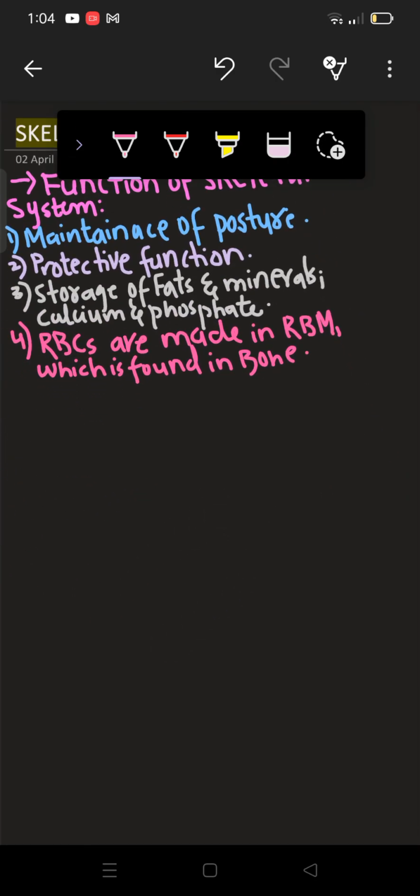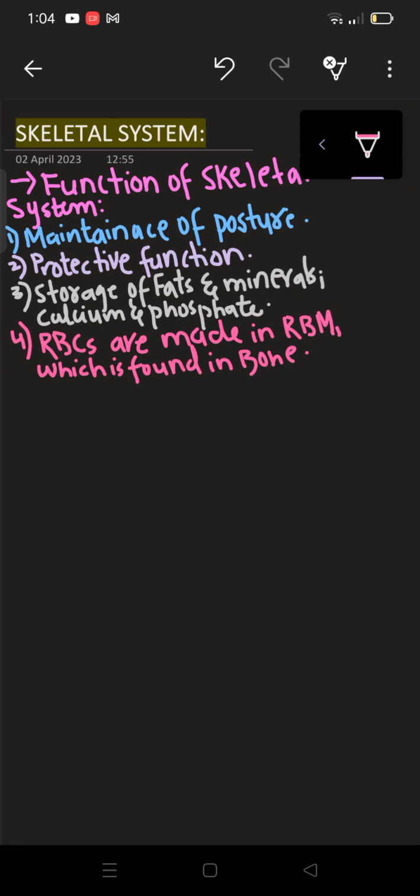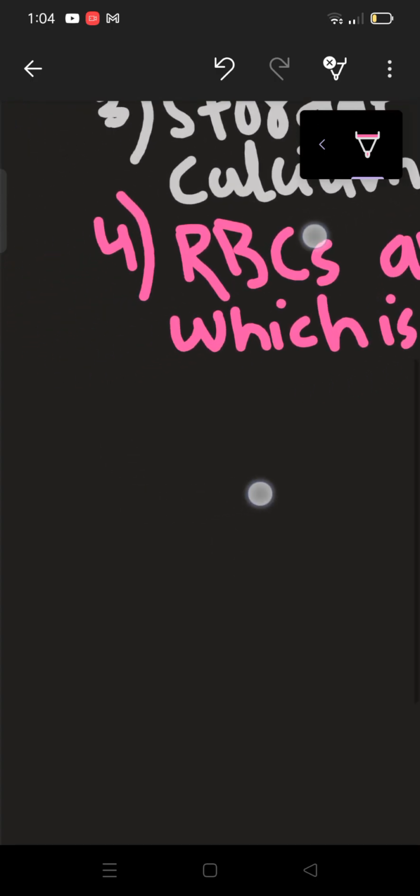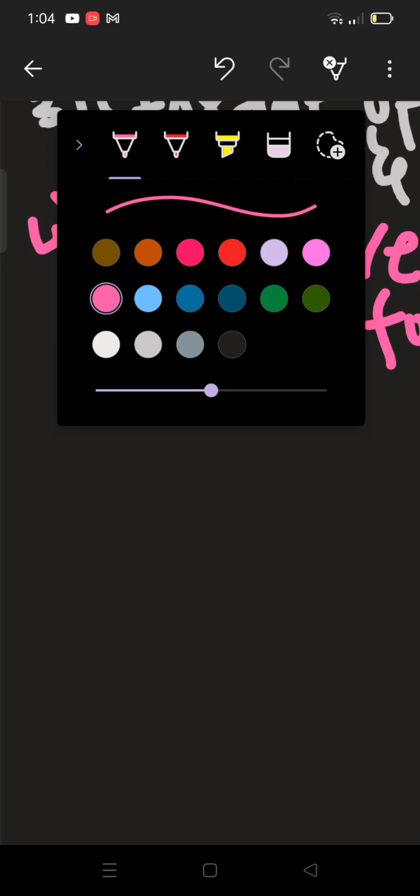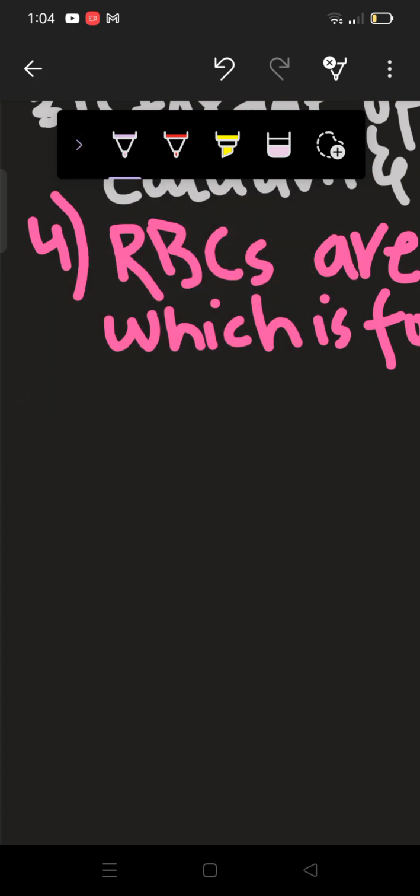RBCs are very important, we know that. So where are RBCs made? They are made in the red bone marrow, and red bone marrow is present in the bone, as we saw yesterday in the structure of bone. So this is a very important function. The last function of the skeletal system is that it plays a role in body movement as well. Let me write here.